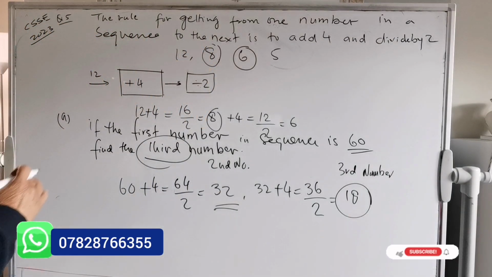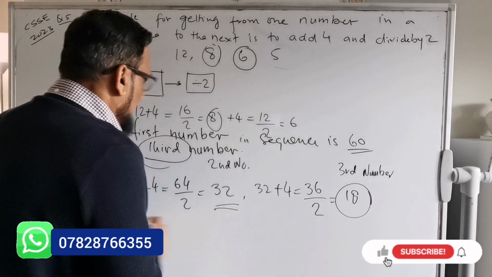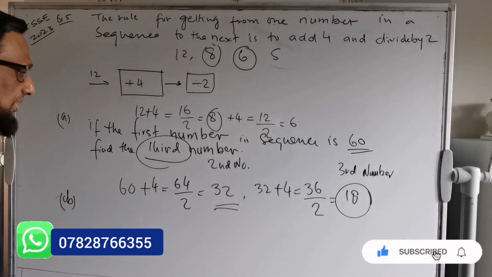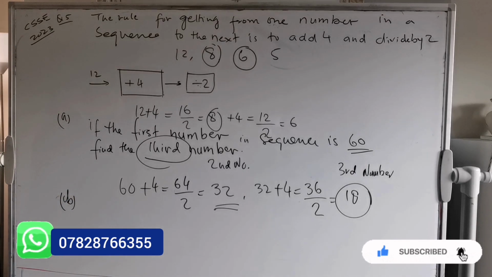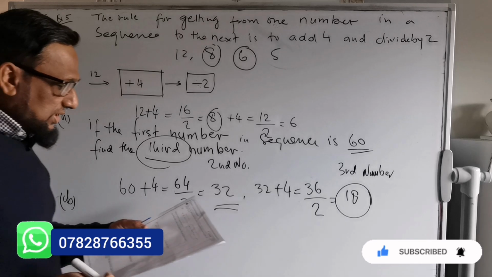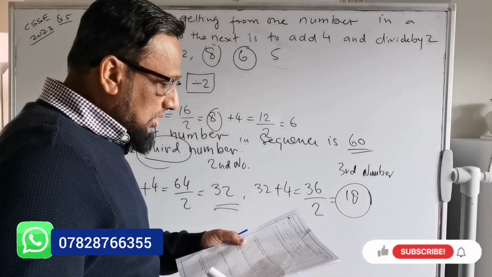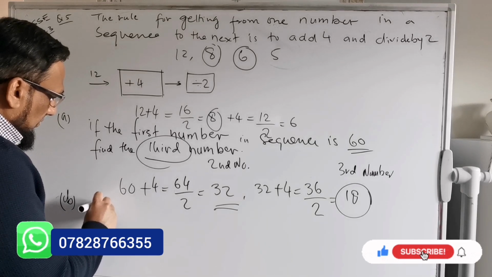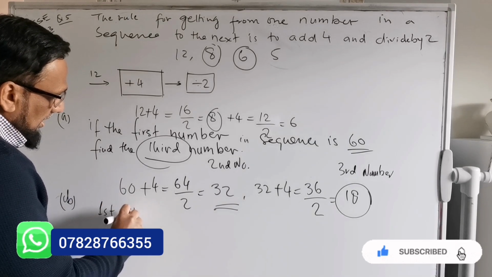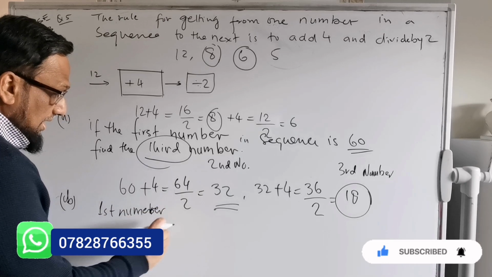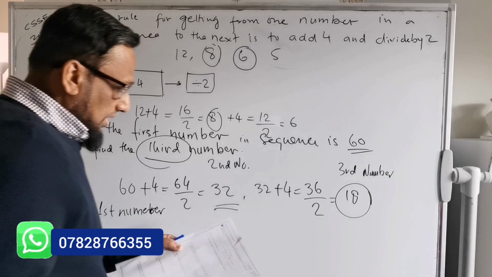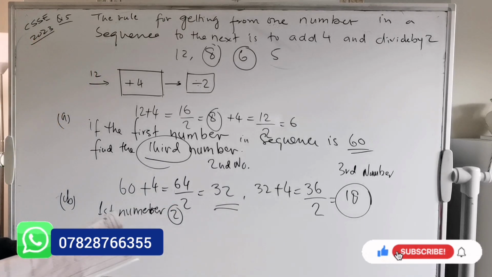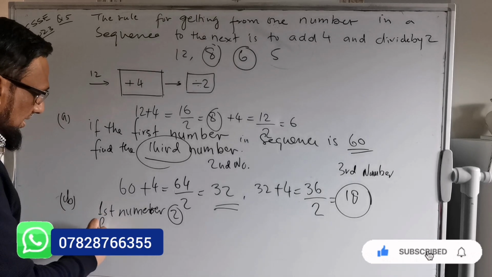Now we are going to solve the second part. It says if the first number of the sequence is 2, find the fourth number in the sequence, using the same rule.